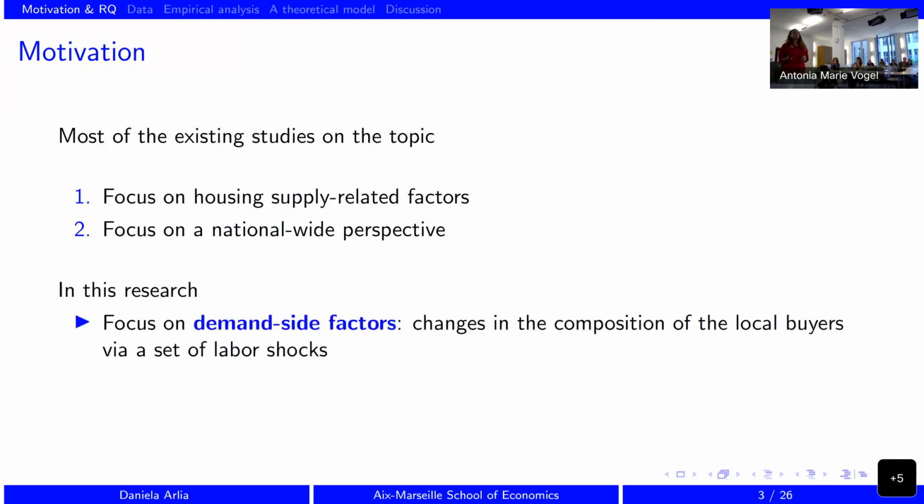In this work, I'm going to focus mostly on demand-side factors, and in particular, I'm going to assess the effect of a change in the composition of the local buyers on the housing price distribution in local housing markets, given a set of labor shocks. So I'm going to use the perspective of local housing submarkets.